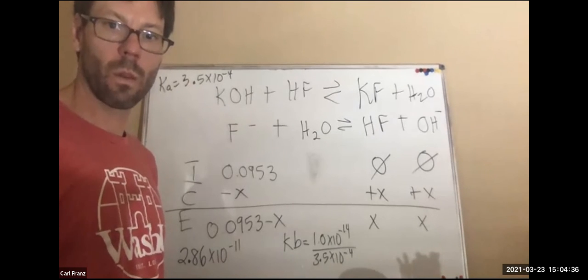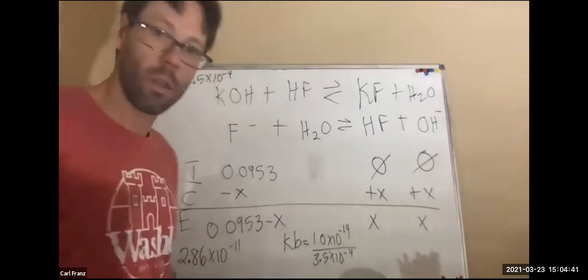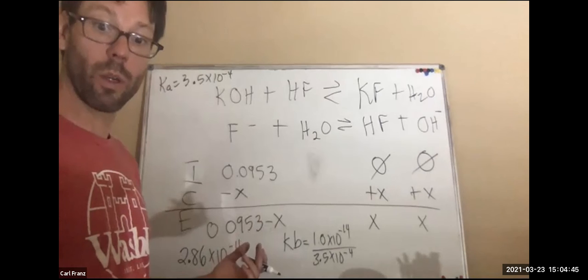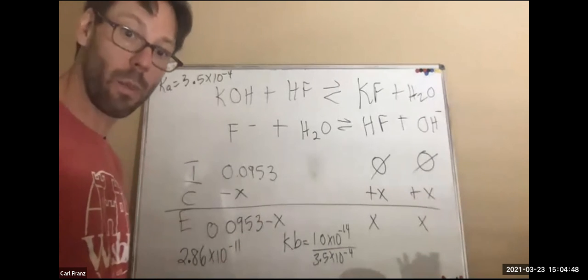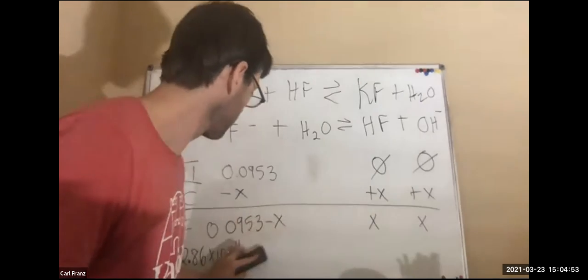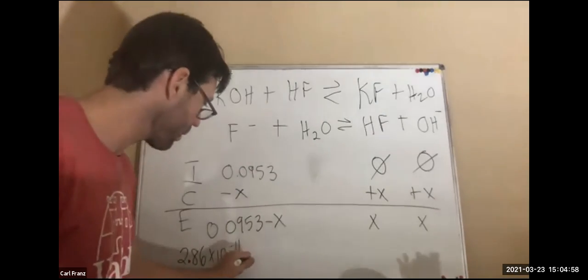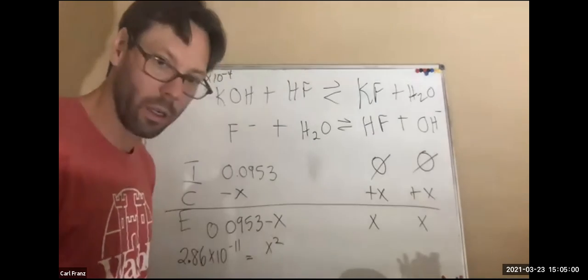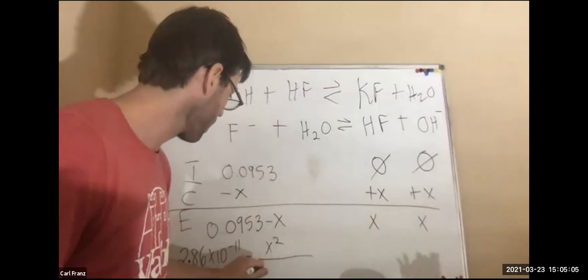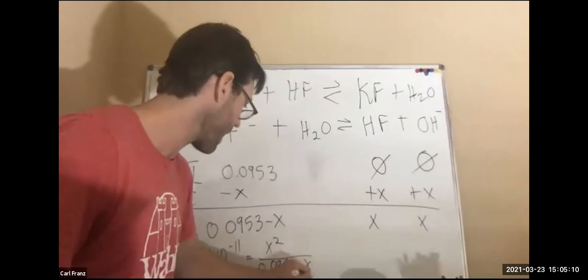Okay. So now that's our Kb, and we set Kb equal to our equilibrium expression, right? So let me erase this. And we say that this number is equal to x squared over 0.0953 minus x.